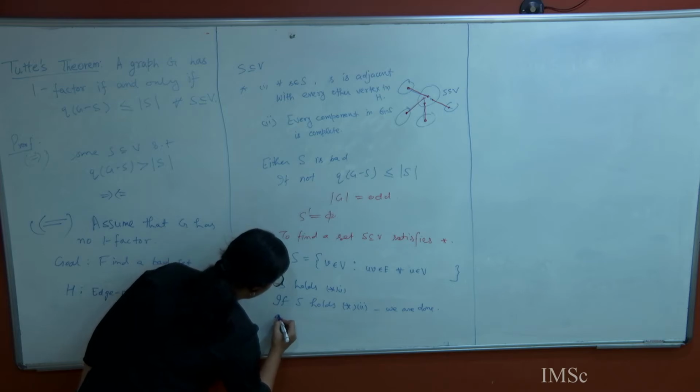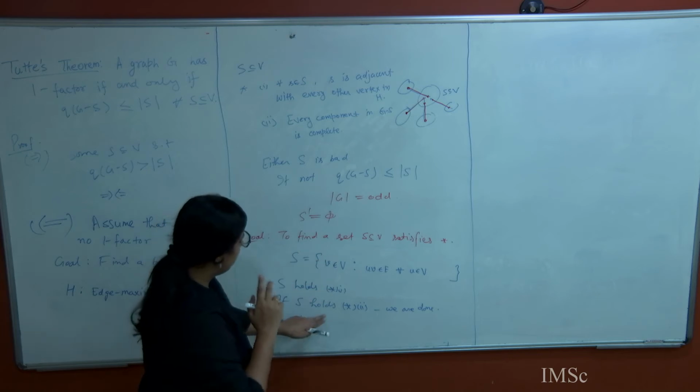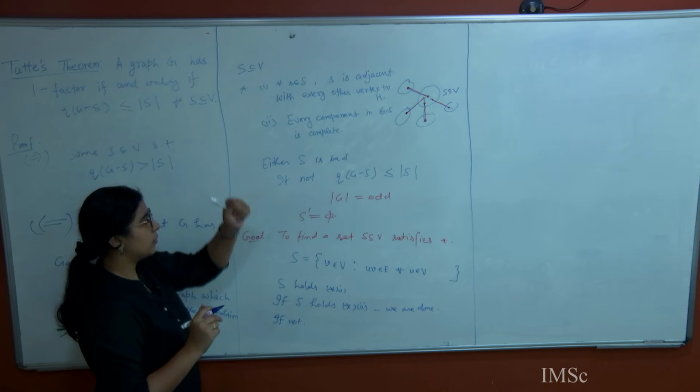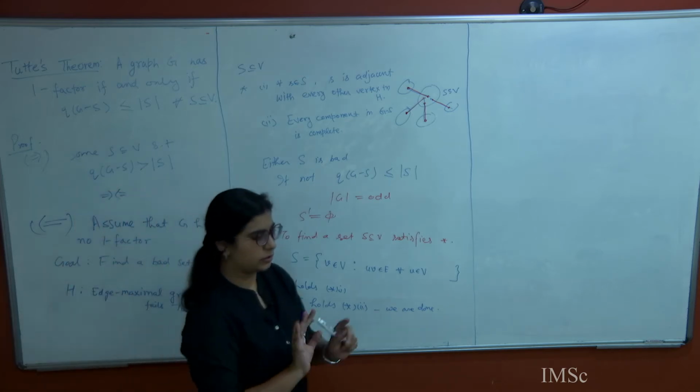So now if not, that means S doesn't hold the second property. So that means there is some component which is not complete.